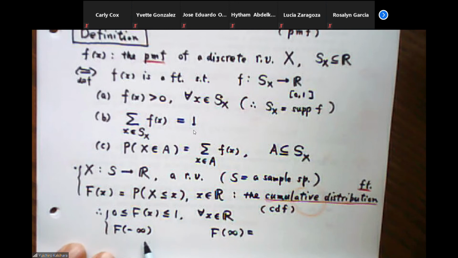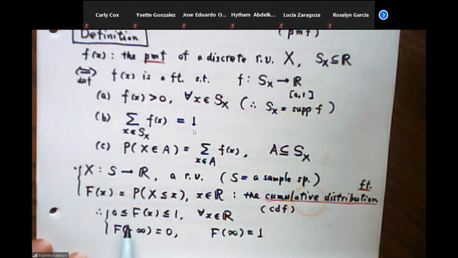At negative infinity, there's no number less than or equal to negative infinity. So this probability should be 0, because there's no number less than or equal to negative infinity. What about infinity? The value of X is, of course, always less than or equal to infinity. This happens always, which means the probability is 1. Reasonable?